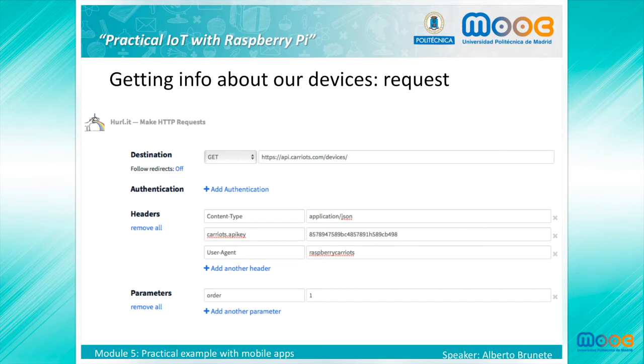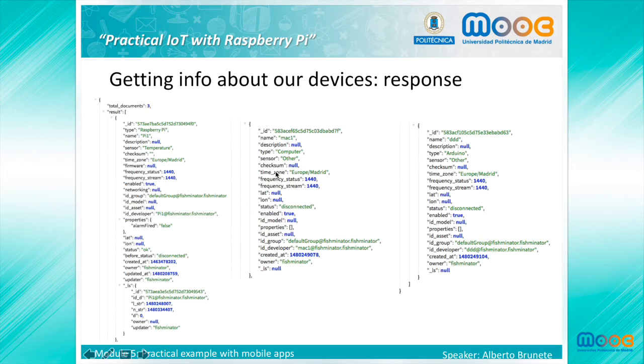For the first example, we'll get information about one of our devices, as we have explained in the first lesson of this module. We will get information from this URL here. And this is what we get.